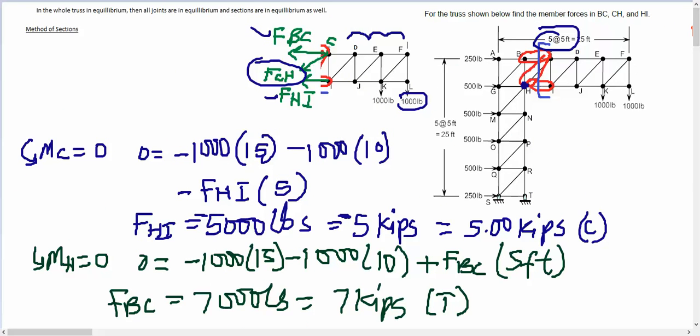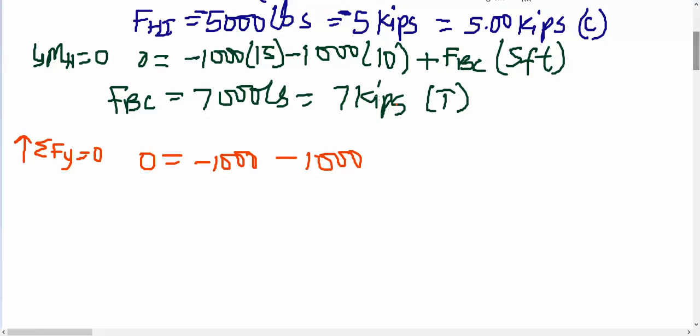And where is CH? Well, CH, we assume the tension always away from the point. So this is negative 1 over square root of 2 because this is a 5 by 5. So going down, we have negative 1 over square root of 2 FCH.